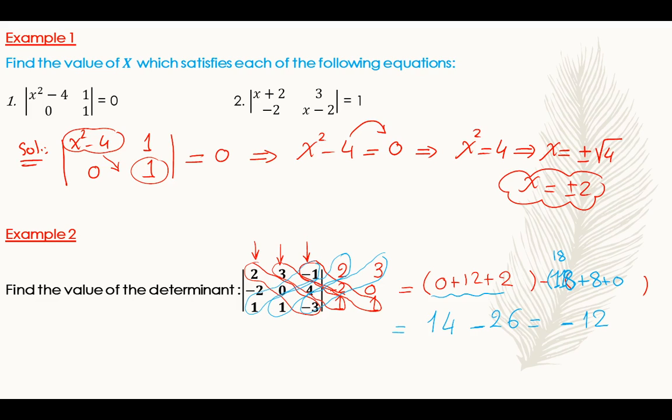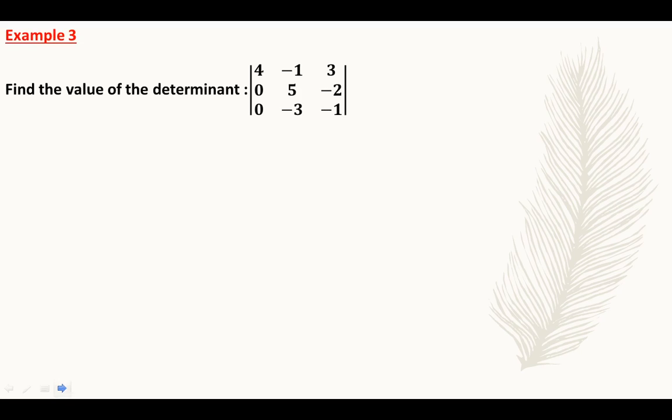This is how to find the value of the determinant 3 times 3. Let's go to another example. Find the value of the determinant: 4, 0, 0, negative 1, 5, negative 3, 3, negative 2, negative 1.